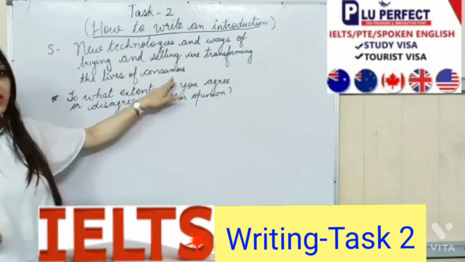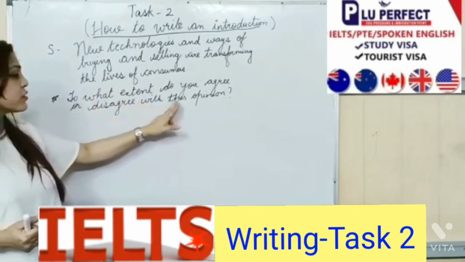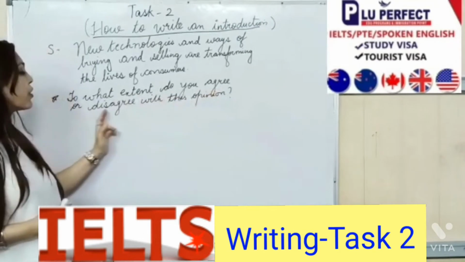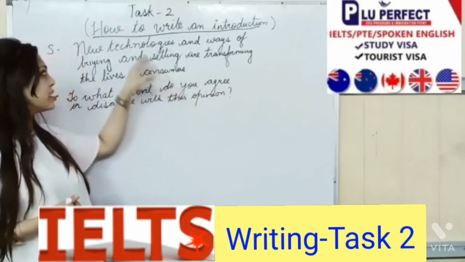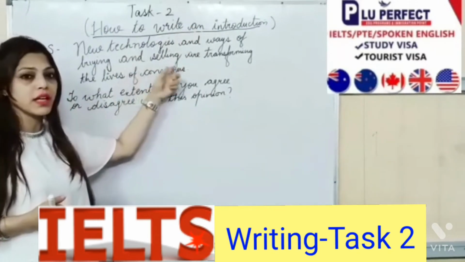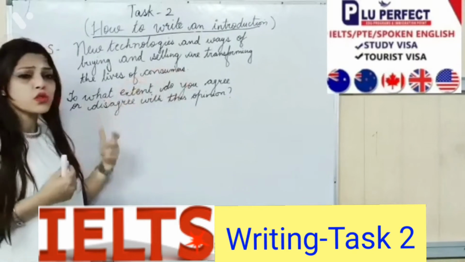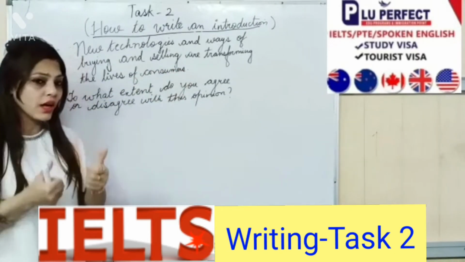And what's our action plan? Let's read it. To what extent do you agree or disagree with this opinion? So there is an opinion that new technologies and ways of buying and selling are transforming the lives of consumers. What do you think about it? But not just agree or disagree, you have an option.